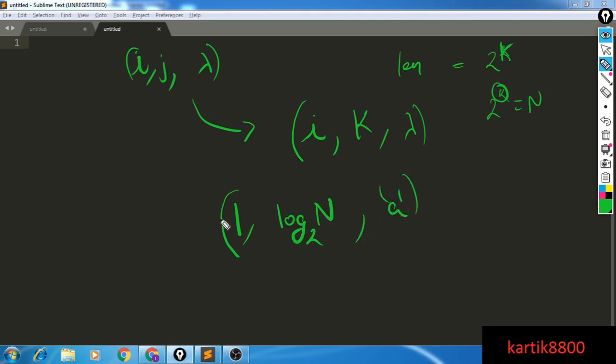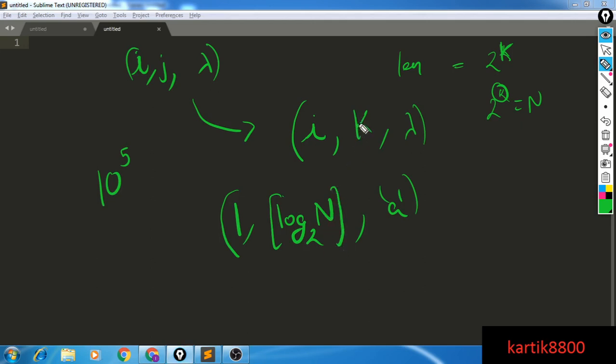Now, if you analyze this, how many different subproblems exist? For the first index, you can have nearly 10 power 5 different values from the constraints. The string length is up to n, and this represents where my substring starts, so a substring can start at any index.